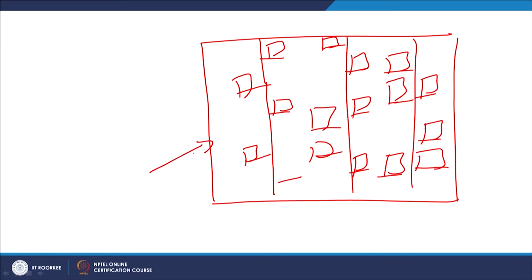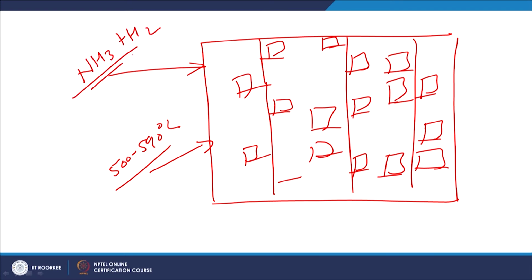So, this chamber is heated in the range of say 500 to 590 degrees centigrade, and then we feed the gas mixture, which primarily consists of ammonia and sometimes a hydrogen mixture. So, these are the gas mixture and temperature conditions which are used for nitriding.